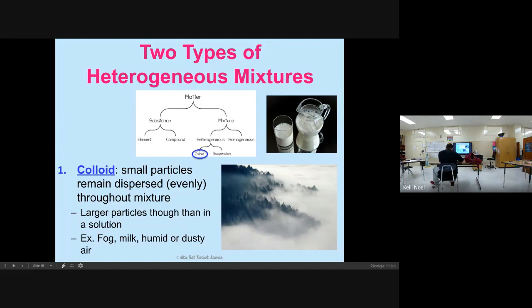Here are the examples: fog, milk, humid or dusty air. If you've ever seen sunlight come through the window at your house and you can see some particles floating, that would be an example. We're able to see the particles because the light is reflecting off of them. So a colloid is one type of heterogeneous mixture. You just need the definition and the examples.